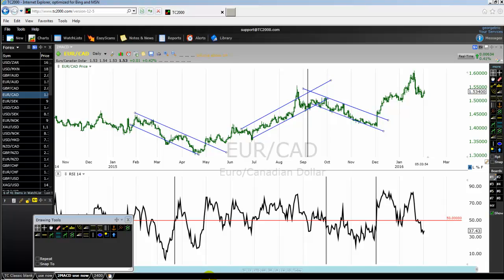But I also explained to you that the RSI compares the magnitude of recent gains to the magnitude of recent losses in view to determine overbought and oversold assets. But the ultimate role of the RSI indicator, or the relative strength index indicator, is not to identify overbought or oversold assets.